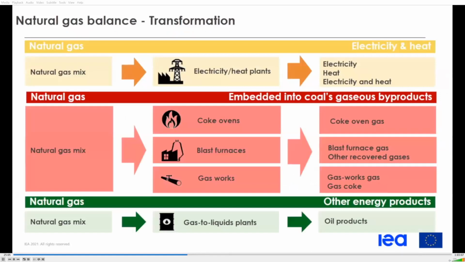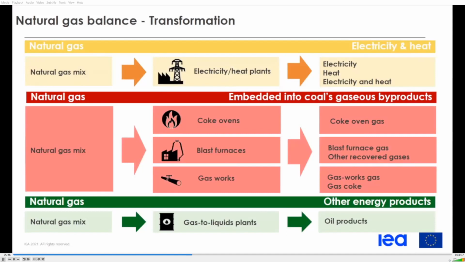Now, if we talk a little bit about transformations, natural gas can be used in several ways to be transformed into another energy form. The most obvious is electricity and heat plants, to produce electricity and heat. But it can also be used in some coal processes, mixed with other elements in coke ovens, blast furnaces, or gas works plants to generate several gases that will be burned to sustain those industrial activities.